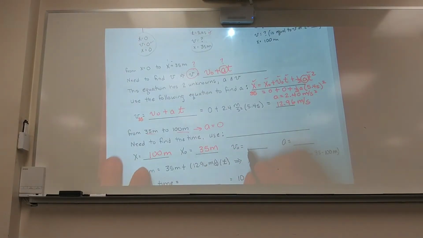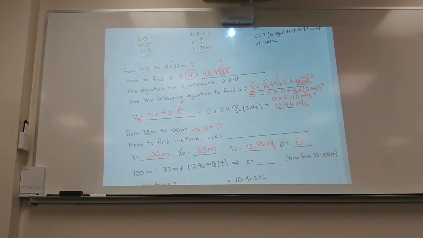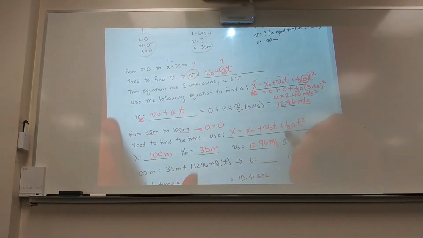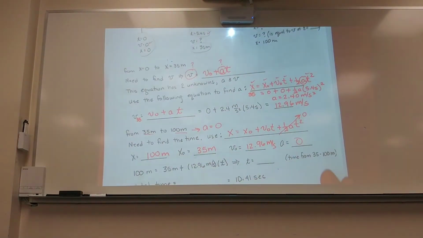The initial velocity is 12.96, and a is equal to 0. So we have a lot of information about position here. Okay, so in light of that, we're probably going to be able to use this equation, with that last term being 0.